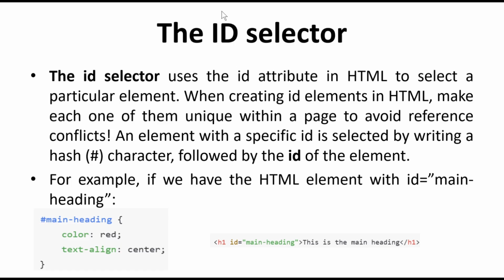An element with a specific ID is selected by writing a hash followed by the name of the ID. We are going to see an example. As you see, this is hash and the name of ID selector.